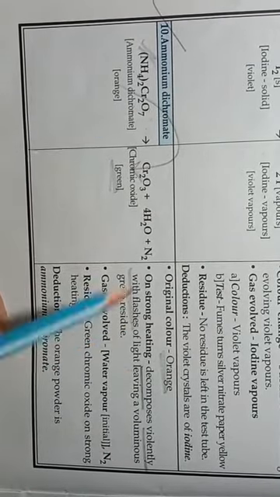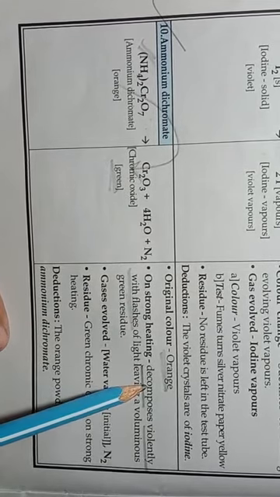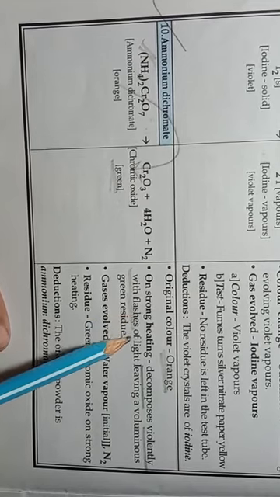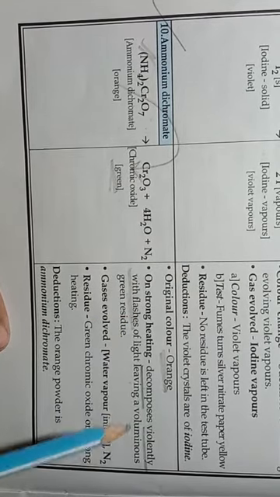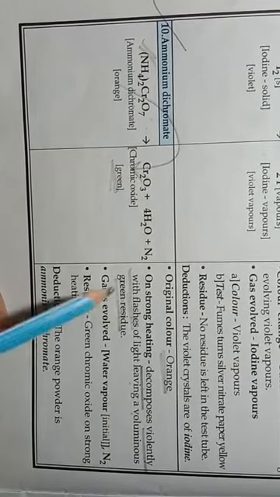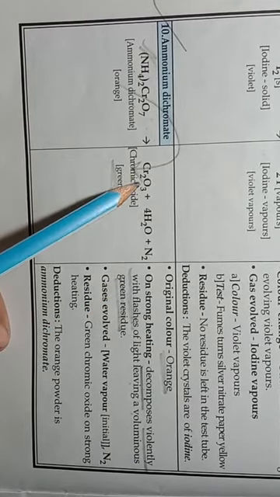Ammonium dichromate is a salt which decomposes violently with flashes of light, leaving a voluminous green residue. So the residue is chromic oxide.